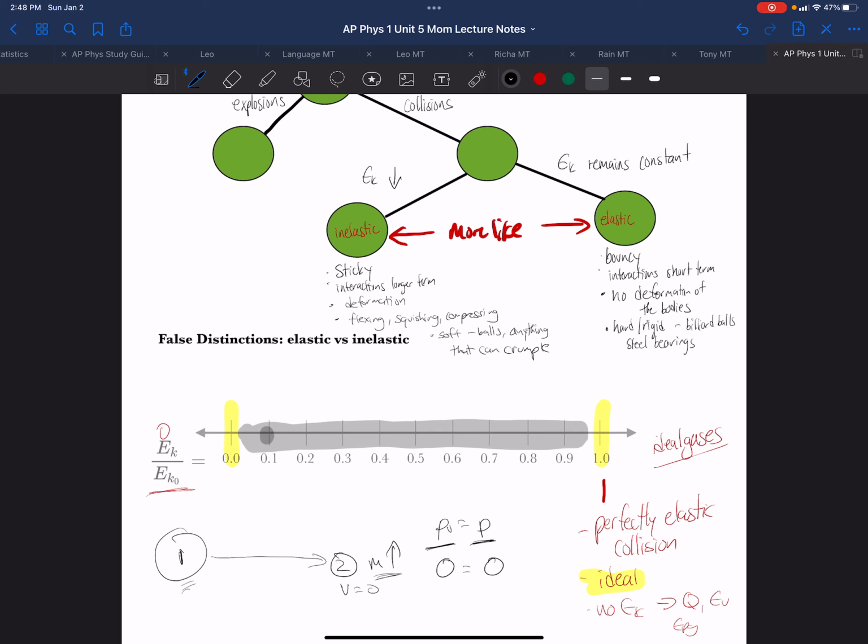So we cannot have the two extremes, which is what's represented by calling something elastic or inelastic. They are extremes, and what we want to find out is the elastic nature of the interaction, which is represented by this ratio of the final kinetic energy to the initial kinetic energy.